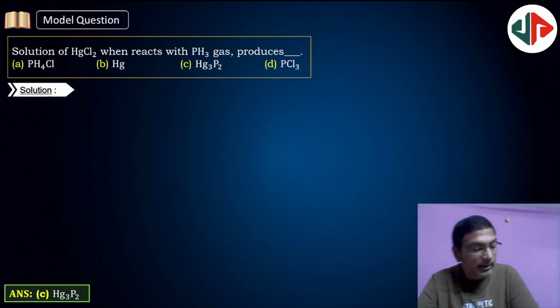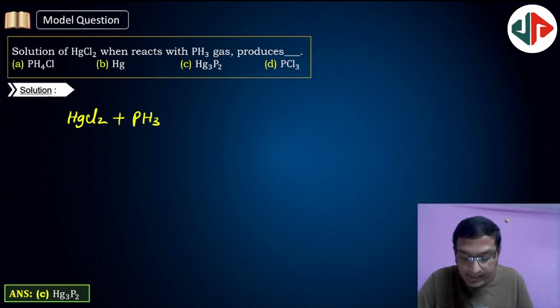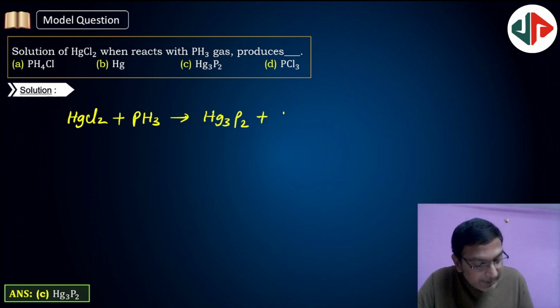The solution of HgCl2, mercuric chloride, reacts with PH3 gas to form. This is also very, very important. HgCl2 reacts with phosphine gas to form Hg3P2 plus HCl.